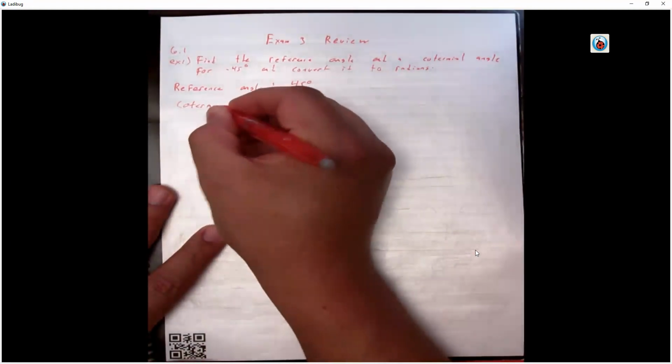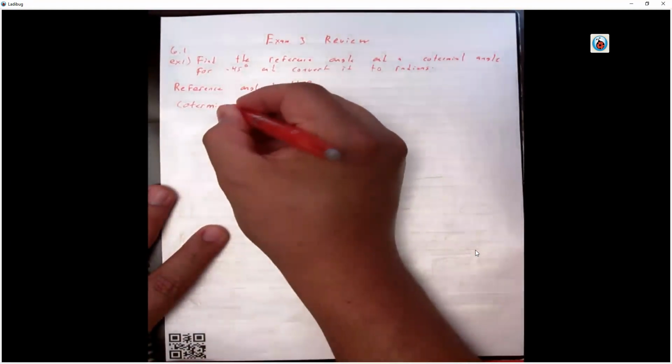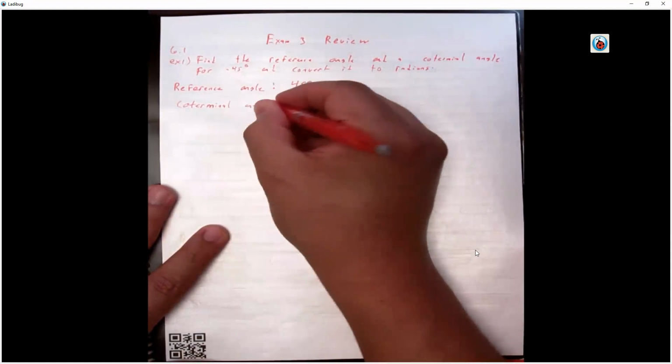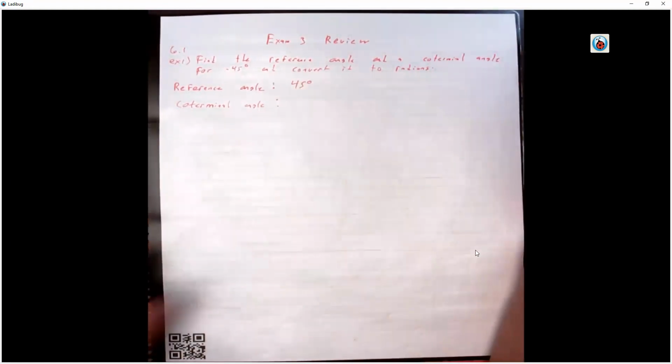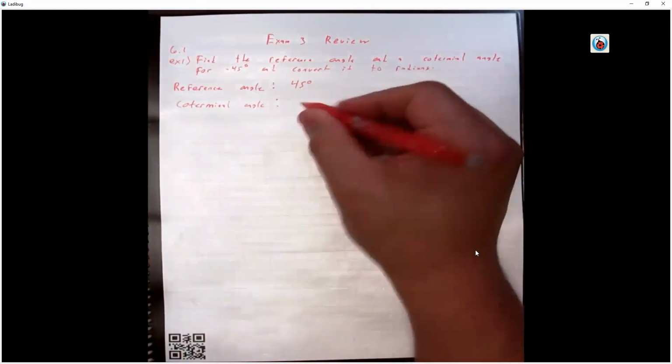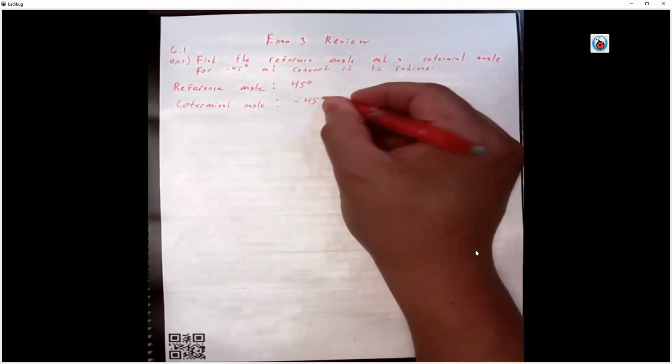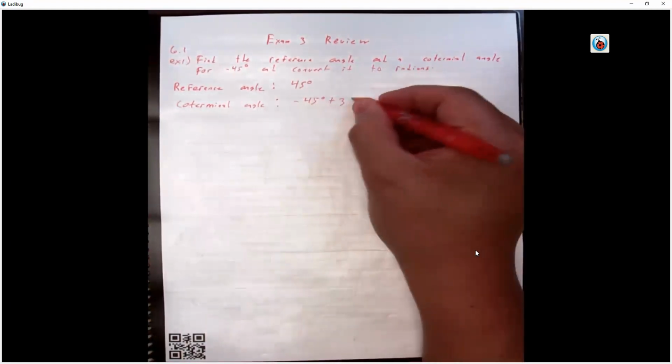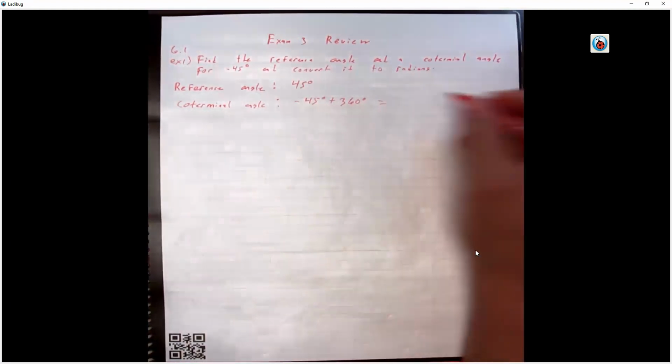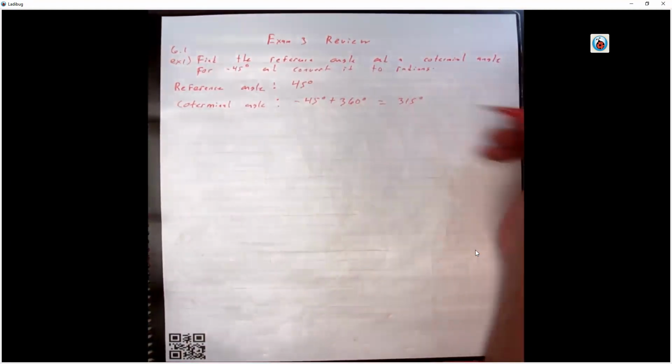Coterminal is -45. The easiest way to find it is just add 360 to it, which is 315.